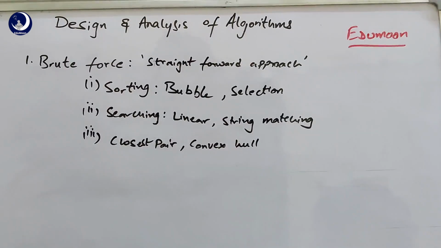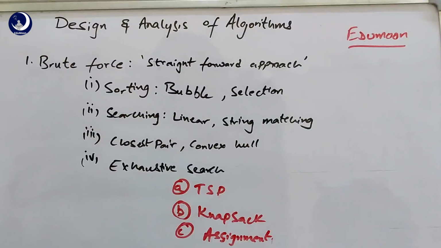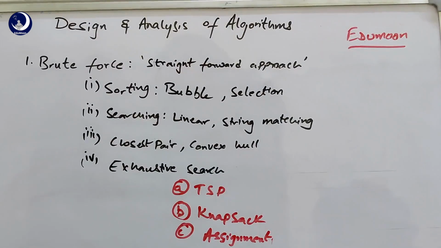Then the closest pair and convex hull problems, which are geometry problems. Finally we go with exhaustive search, where we discuss different problems like the traveling salesman problem, simply written as TSP, the knapsack problem, and the assignment problem. These are the problems that we discuss in exhaustive search using the brute force technique.